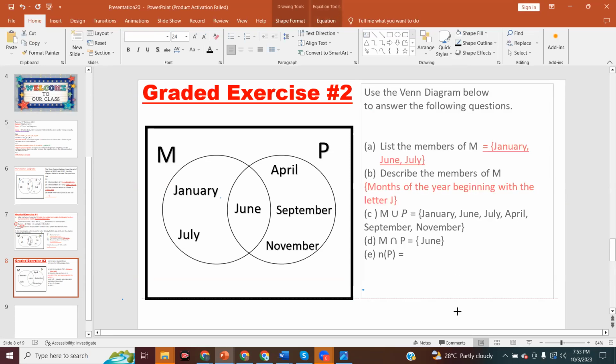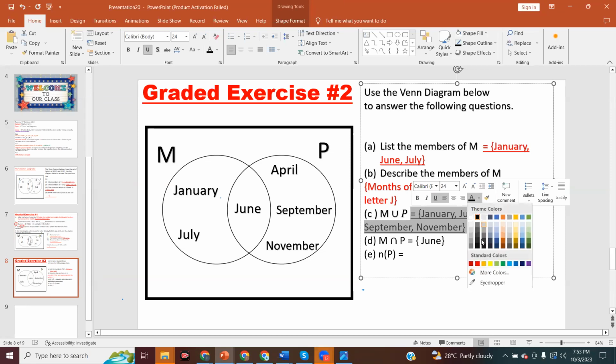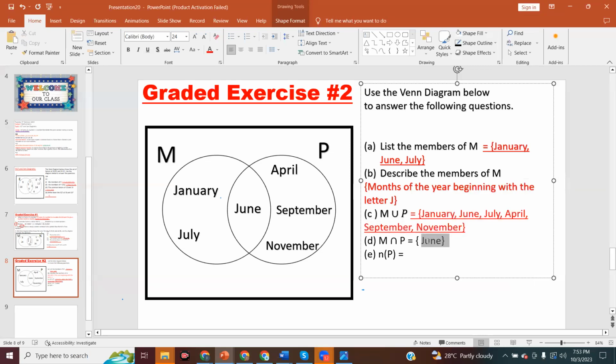Put it inside the chat. What do you think the answer for E is?